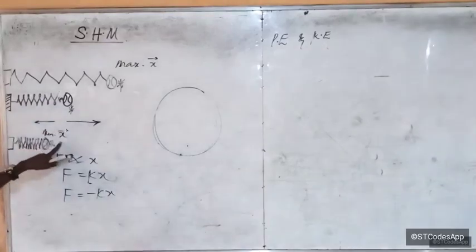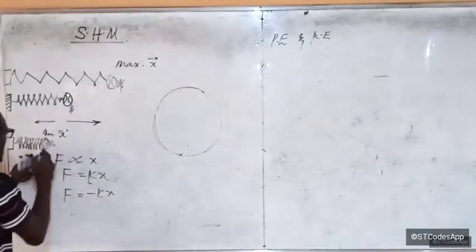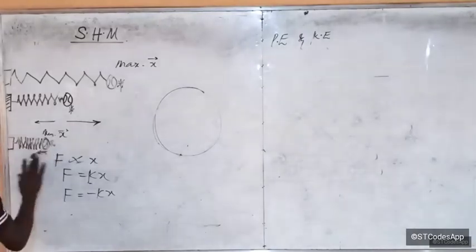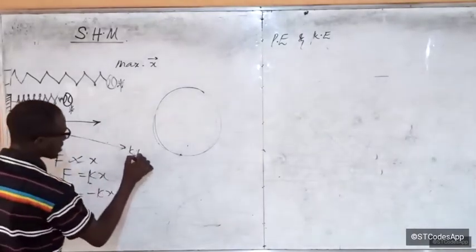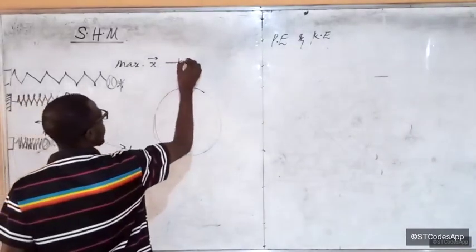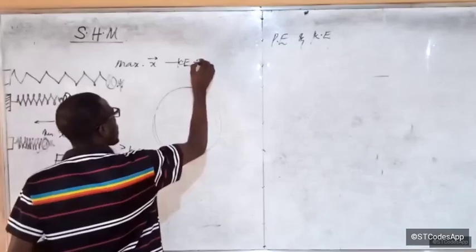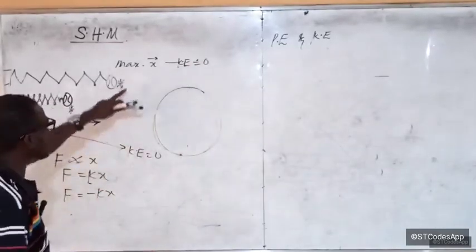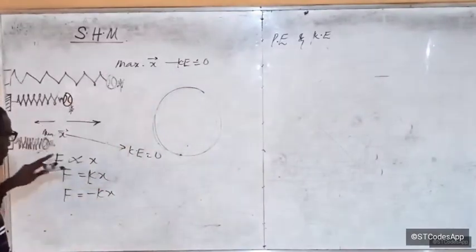So, because of that, at this point, the kinetic energy, KE, is going to be 0. And at this point here also, KE is what? 0. Why? Because the body is not moving at this point of maximum displacement and this point of minimum displacement.